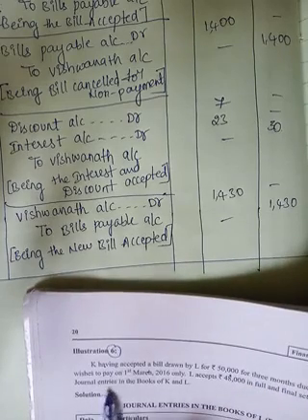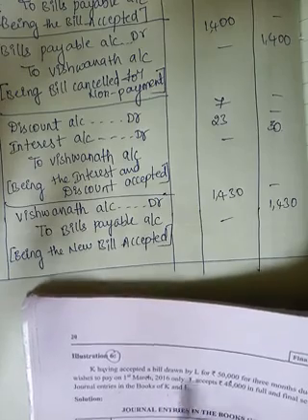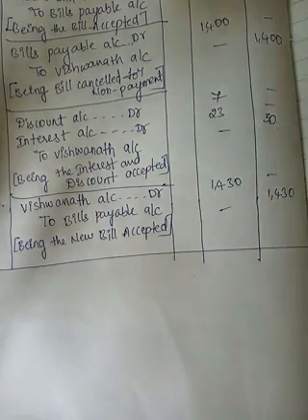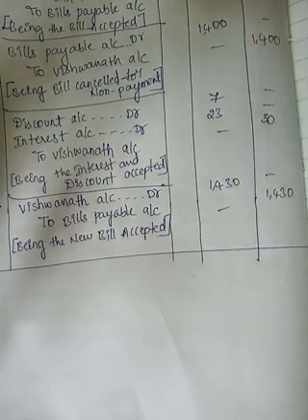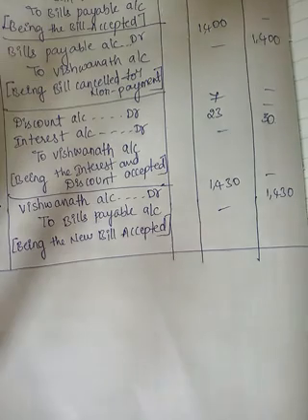Pass journal entries in the books of K and in the books of L. K accepted the bill, so K is the drawee, and the bill drawn by L makes L the drawer.